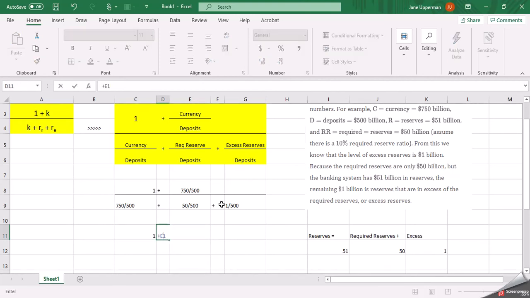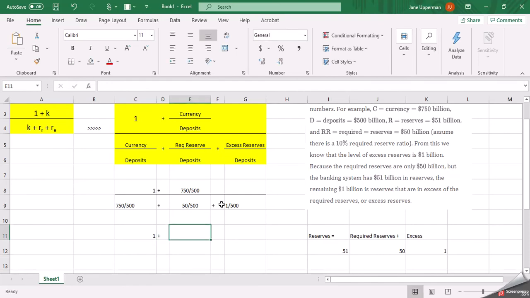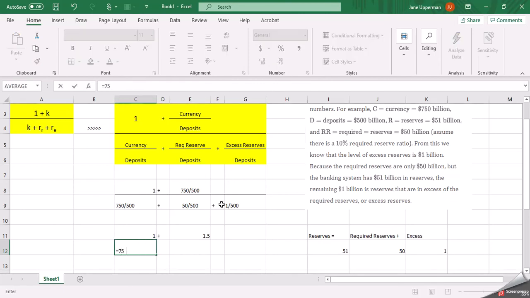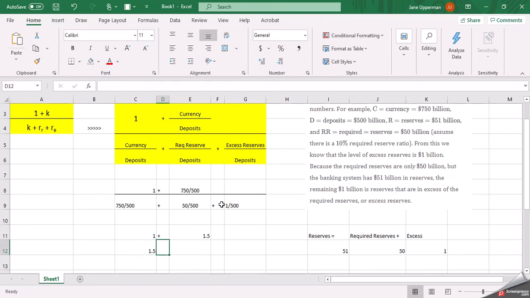Then we can simplify those. Now I could let the calculator do it. 750 divided by 500 is 1.5, and the same thing here, 750 divided by 500 is 1.5.